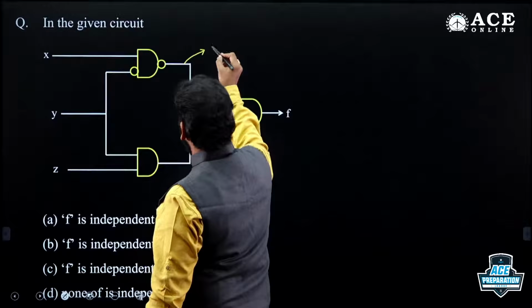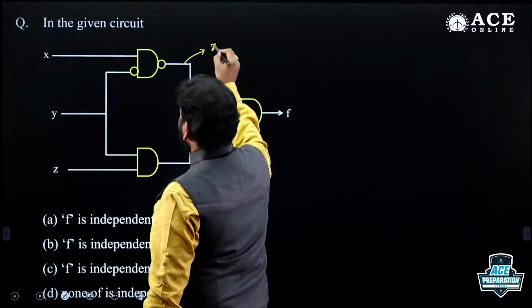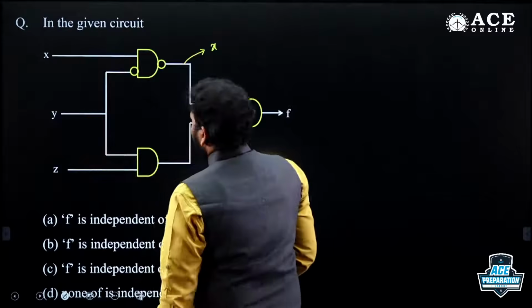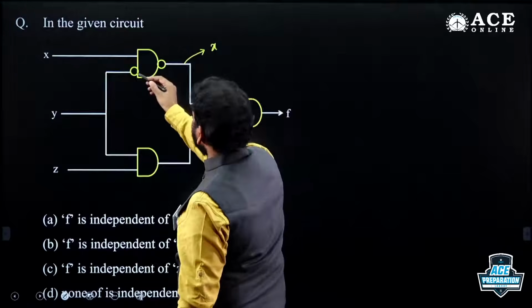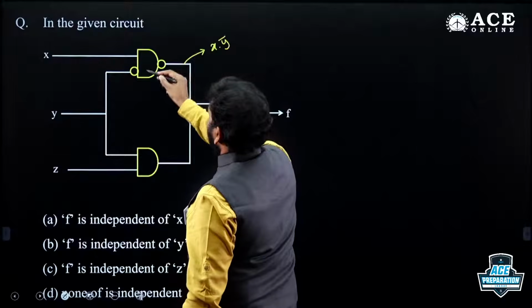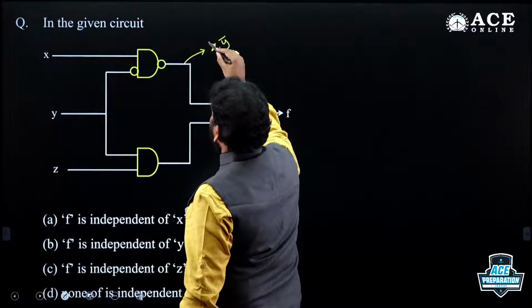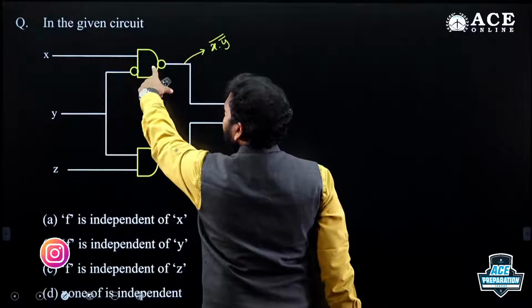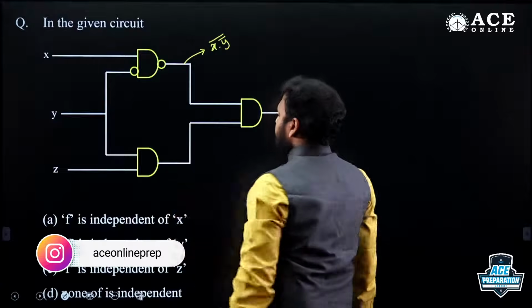This is one of the models. X, I'm writing small letters, you write, no problem. X, y, z. X dot y bar whole bar. X, y bar, AND operation and NOT operation, AND operation and NOT operation.